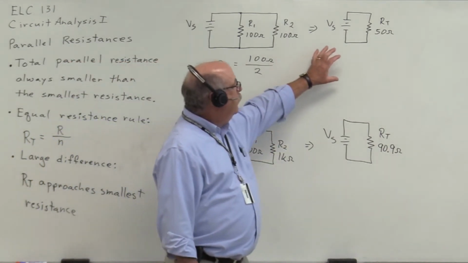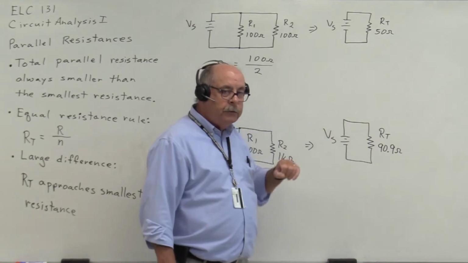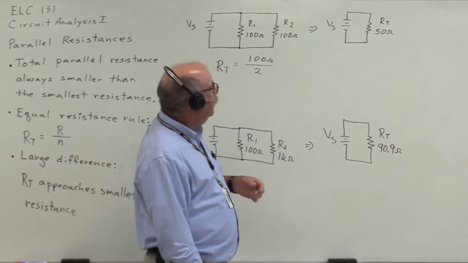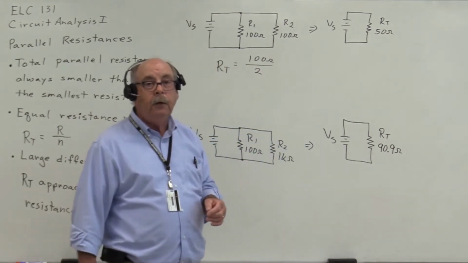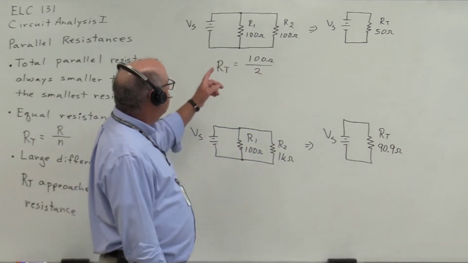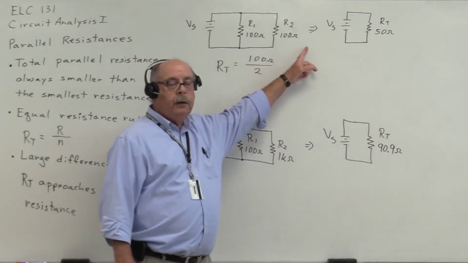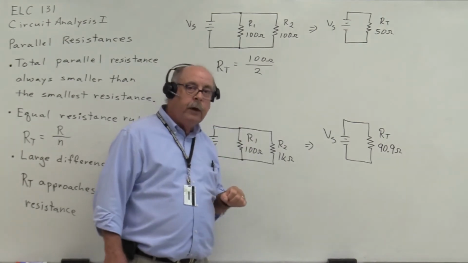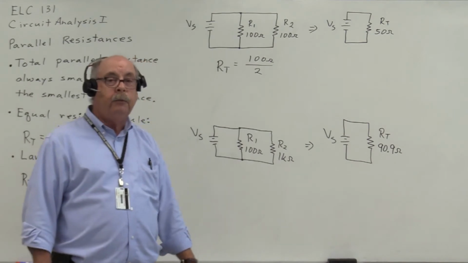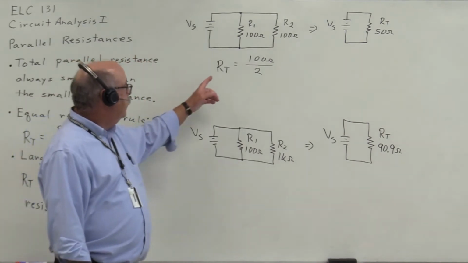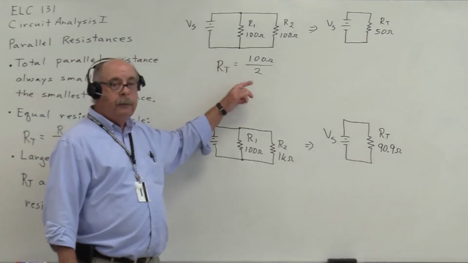So our equivalent circuit, as seen by the voltage source Vs, would be one single resistor with a value of 50 ohms. Now, if we included a third resistor in parallel with a value of 100 ohms, the total resistance would be 33.3 ohms. Again, the total resistance is R divided by N.